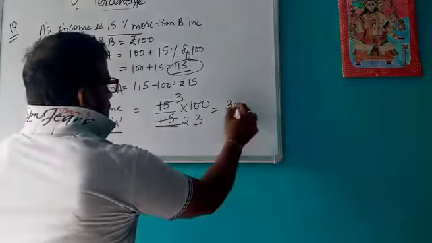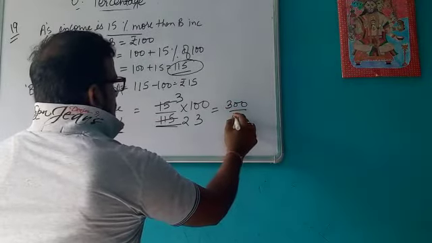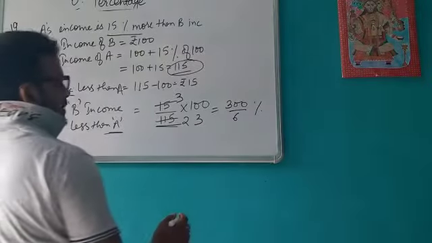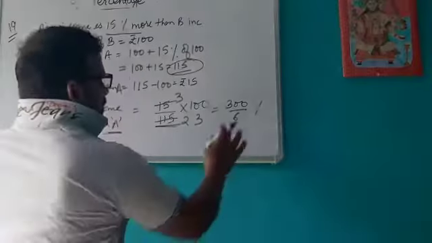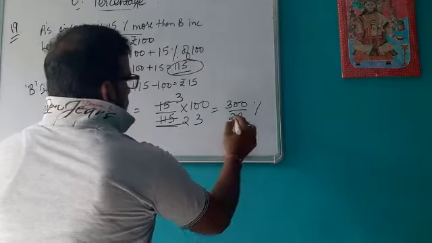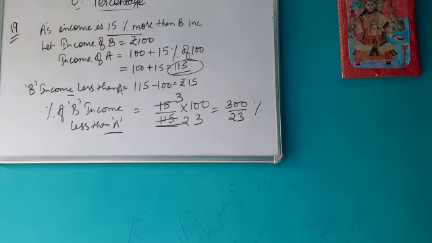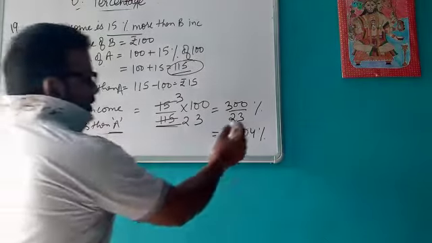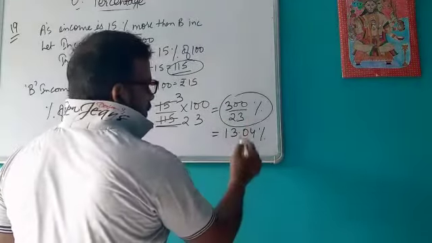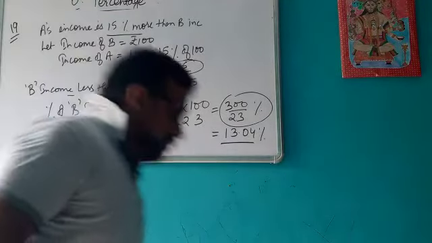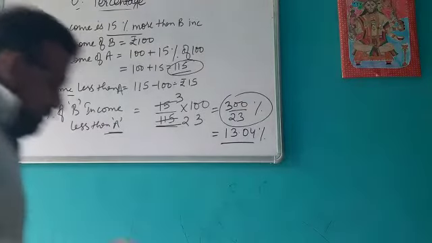So it is 300 upon 23%. Okay, so this will be our answer, 300 upon 23%, or in terms of decimal you can write 13.04%. Okay, so like this you can solve the question.